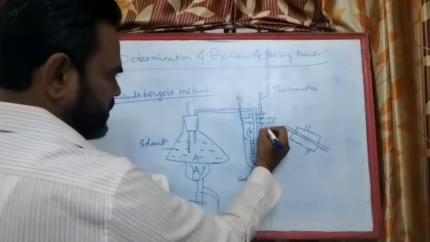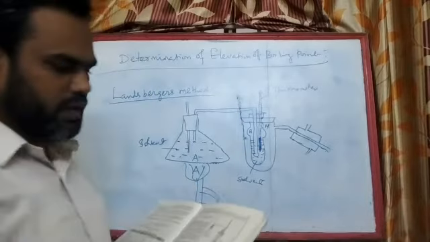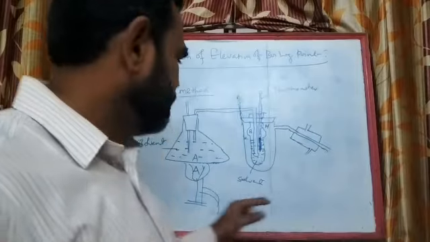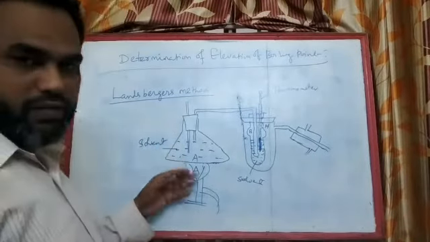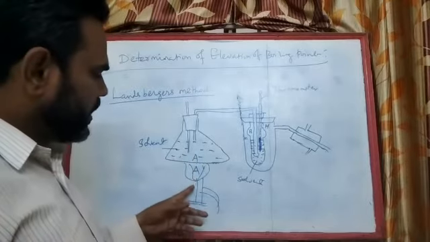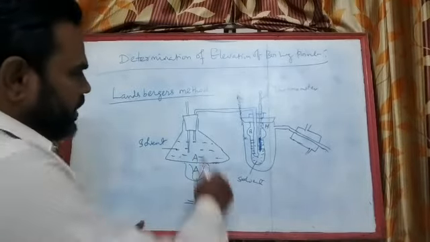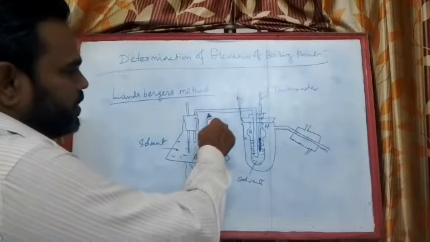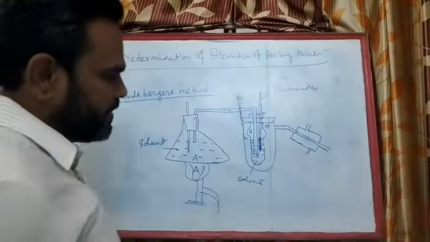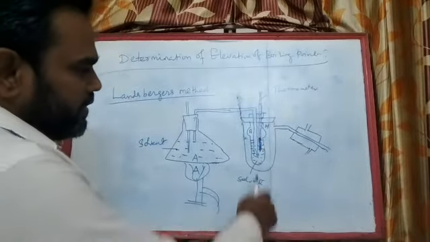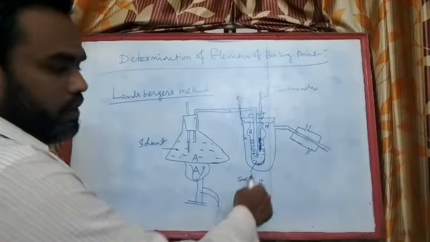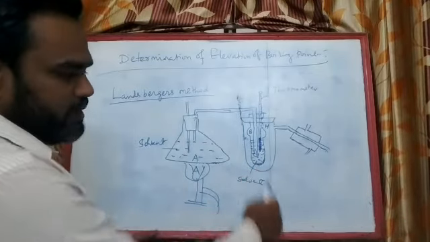Look at this, I note it by the symbol H. Let me explain the diagram. I have a conical flask in which the solvent is taken and heated. The heated vapor passes through this and gets condensed here in another tube, U tube B, where the same solvent is taken.